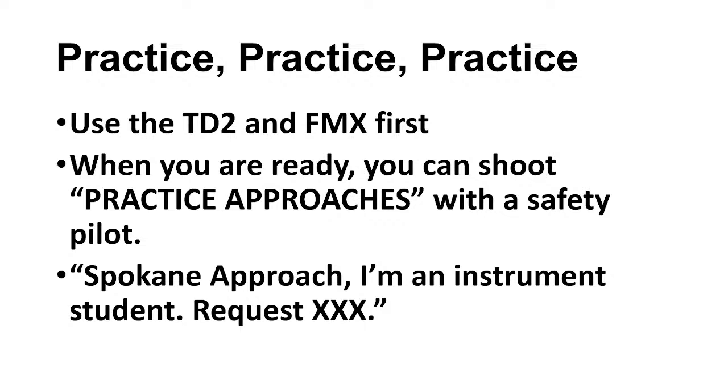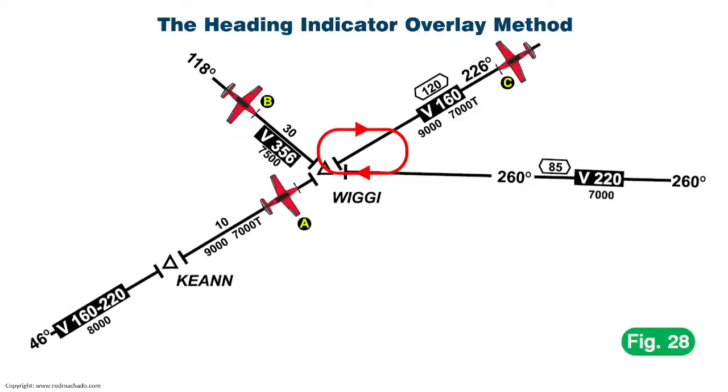Exactly. All right. So, in the book, they talk about the heading overlay method. Now, what I'm going to tell you is there may be value in this method for you. I don't like it. It confuses me.